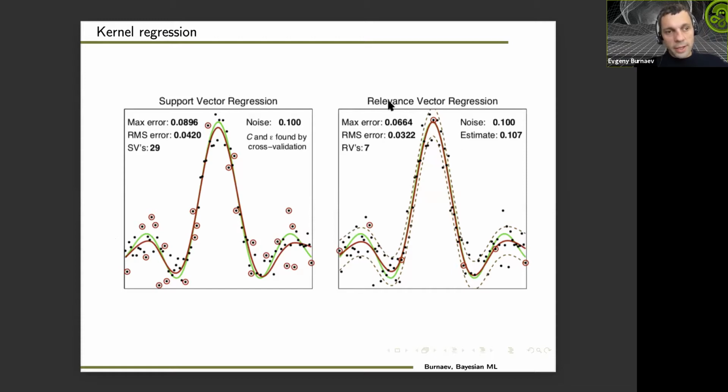However, when we apply the relevance vector machine, we get a significantly sparser model with almost the same level of error. Actually, it is even lower. So in this respect, this is a significantly better solution because we have only 7 support vectors.